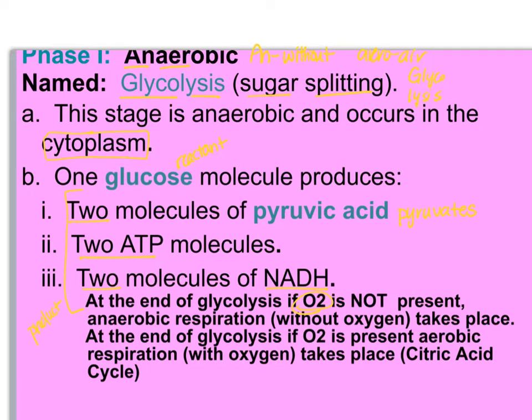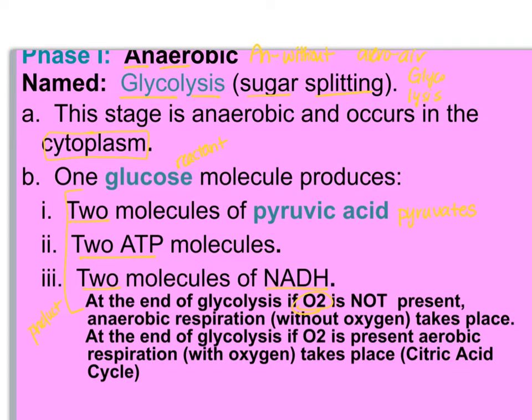If you do not have oxygen, then anaerobic respiration will continue. If you do have oxygen, which is most of the time and most of your cells, then aerobic respiration will occur. We're going to talk about normal cellular respiration first when oxygen is present, and afterwards we'll talk about anaerobic respiration.